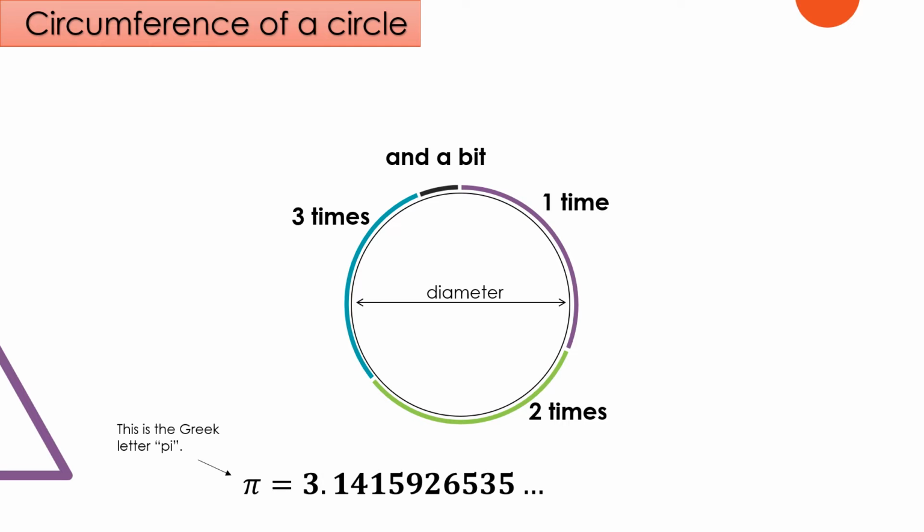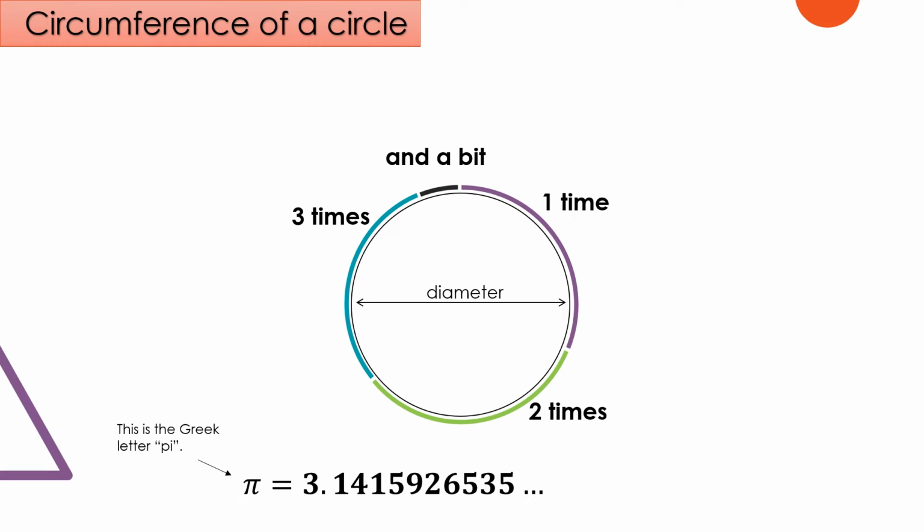It means a bit is remaining. This is where the circumference says that I am 3.1415 times longer than the diameter, and this special constant value we use in mathematics is called pi.